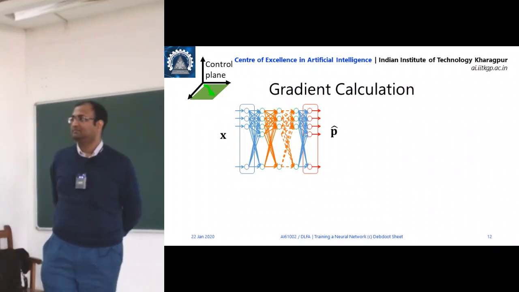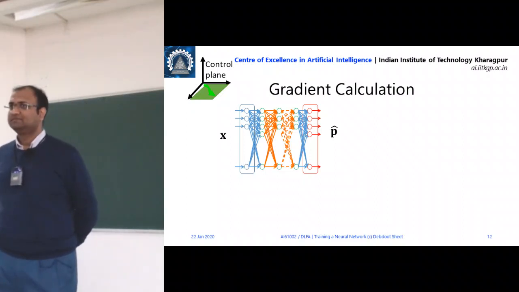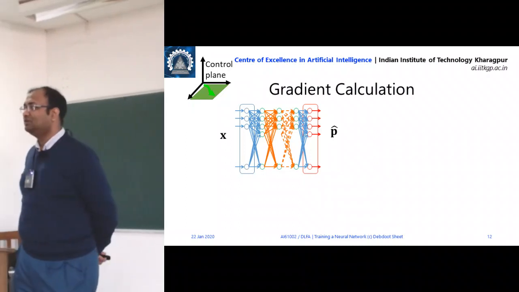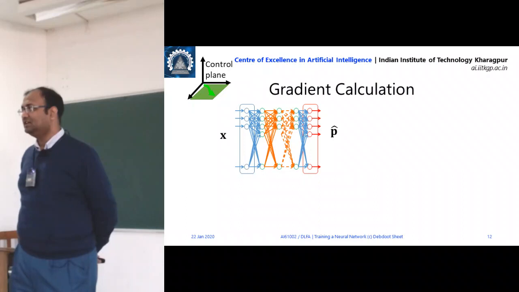So can you guess, or just think over it for some time? You can scribble and try to find out as well what may be the derivative. I told that there has to be a chain rule essentially, and that's what we found out.